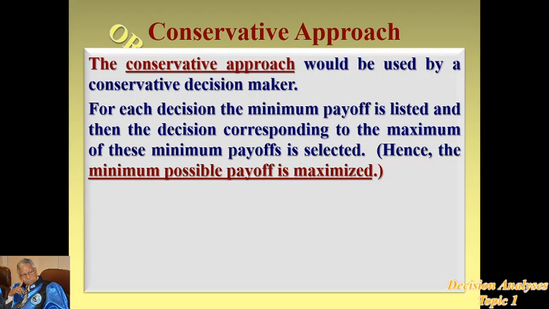For each decision, the minimum payoff is listed, if it is profit, and then the decision corresponding to the maximum of these minimum payoffs is selected. Hence, the criterion is that the minimum possible payoff is maximized.